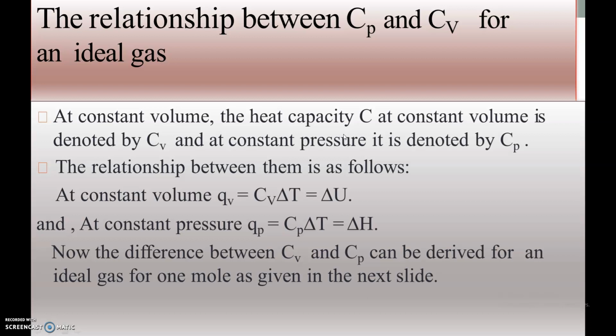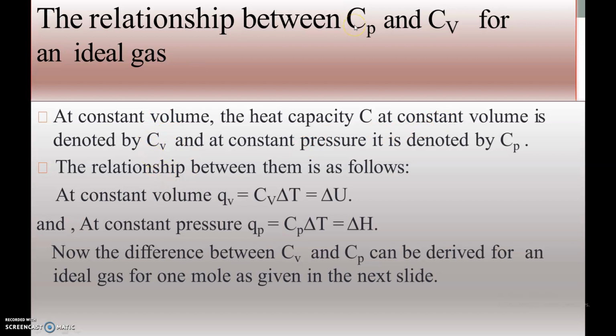So in this lesson we are going to study the relationship between Cp and Cv. What are Cp and Cv? We know what is heat capacity, that is denoted by the letter C. The heat capacity at constant volume is denoted by the letter Cv.